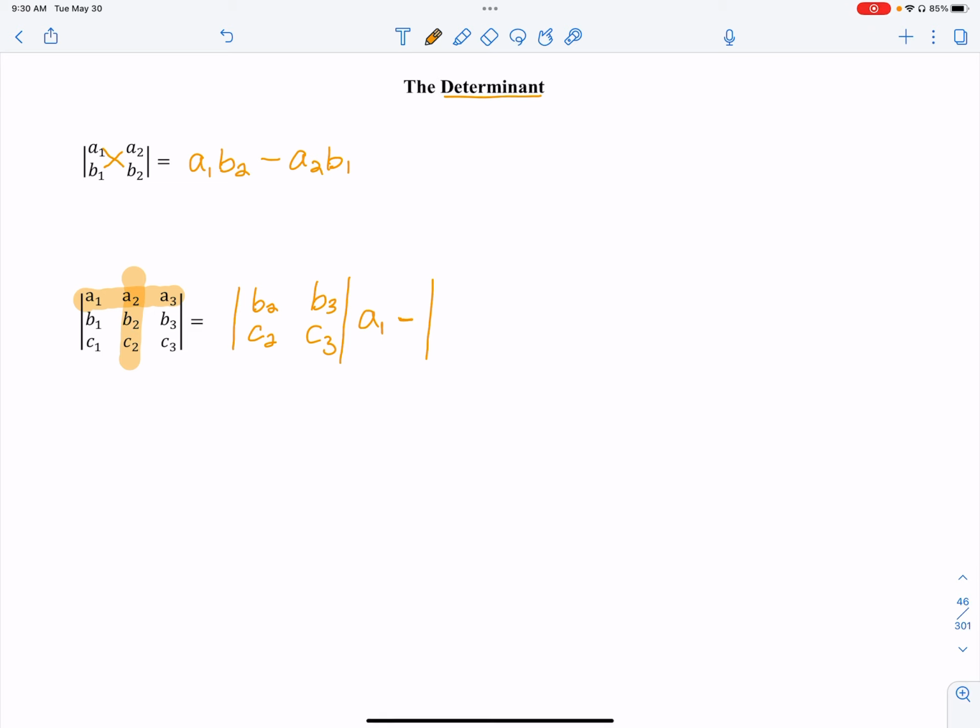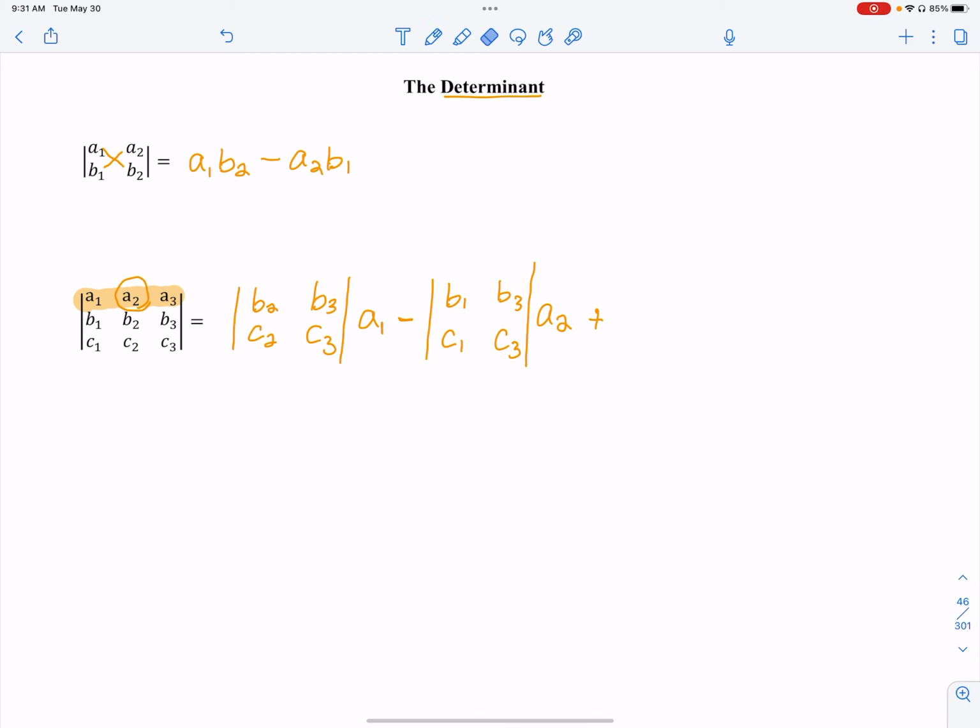I write down the ones I did not highlight, B1, C1, B3, C3, and then I multiply this by the overlap of my 2, A2. Now I do a plus. It's plus, minus, plus, minus, plus, minus, but we're only going to do it 3 times, so you're going to see a positive one, then this minus, and then a positive one.